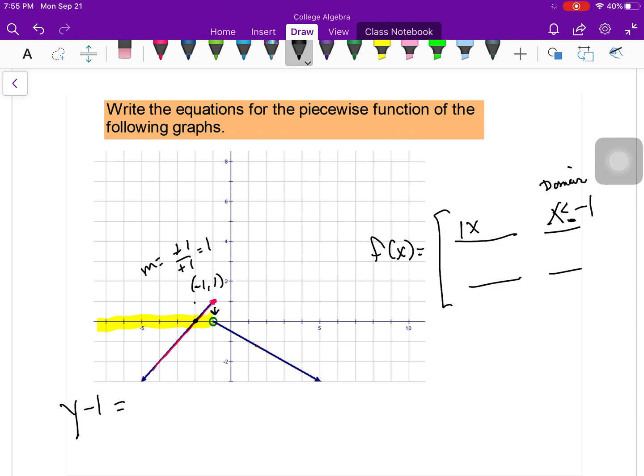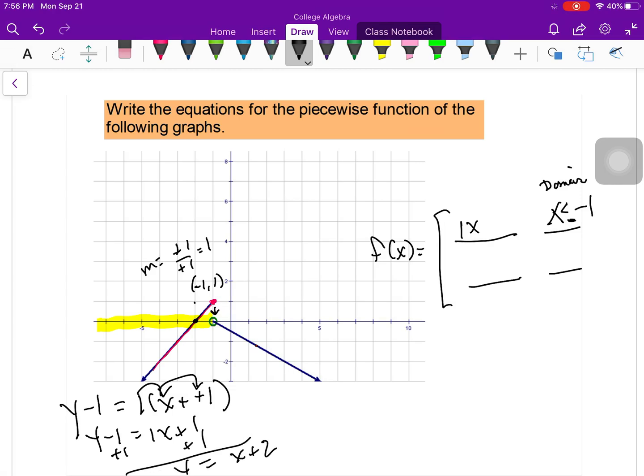Y minus my y-coordinate equals slope times x minus my x-coordinate, -1. Negative, negative makes positive. Y minus 1 equals 1x plus 1. I'm going to add 1 to both sides, and I get y equals x plus 2. Y equals 1x plus 2.